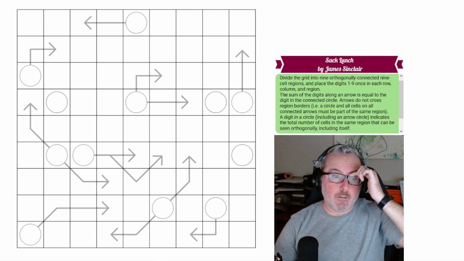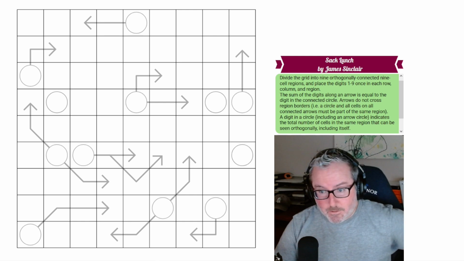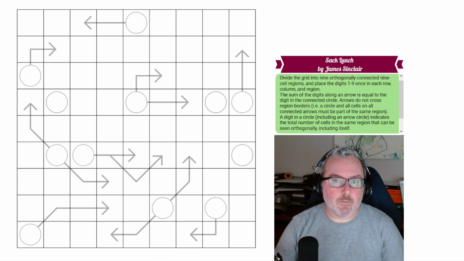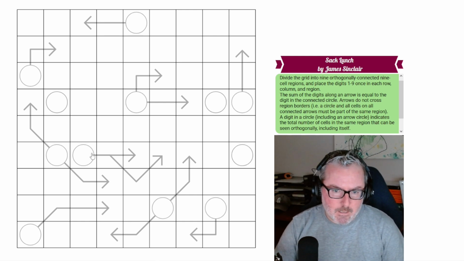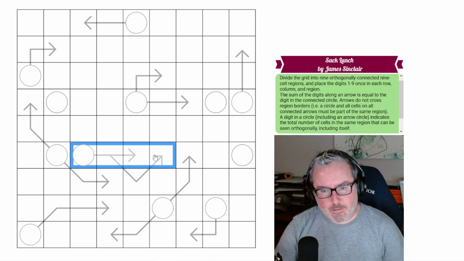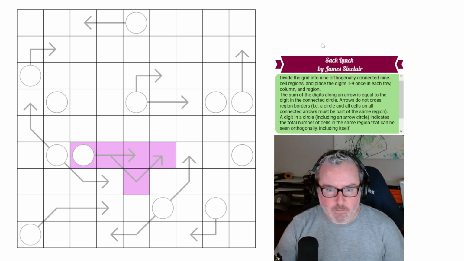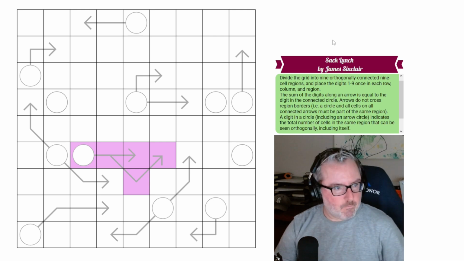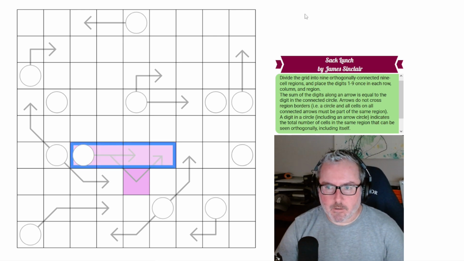So now, where are we going to start is a good question. I think it's a good idea to start here because of the size of these arrows. So we'll create a region. Purple works fine there.